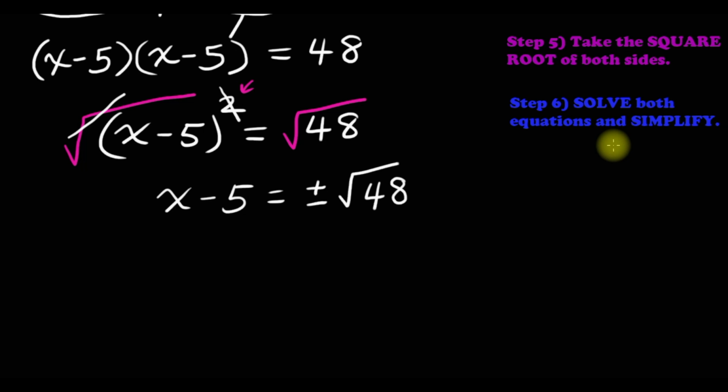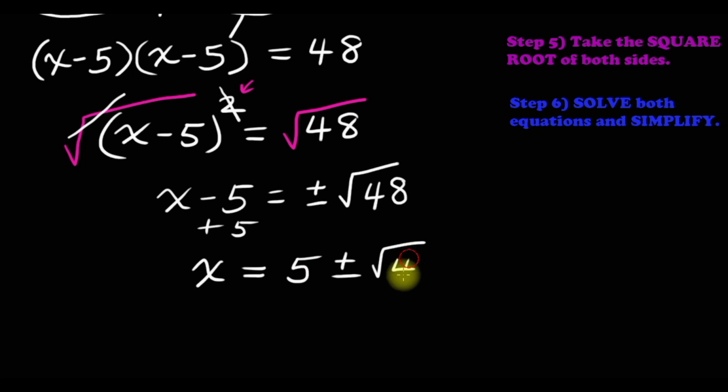So we're going to solve this. To get the x by itself, you would have to add 5. Now if you add 5 to the left, you've got to add 5 to the right. So you get 5 plus or minus square root of 48. And then you're going to have to simplify square root of 48.